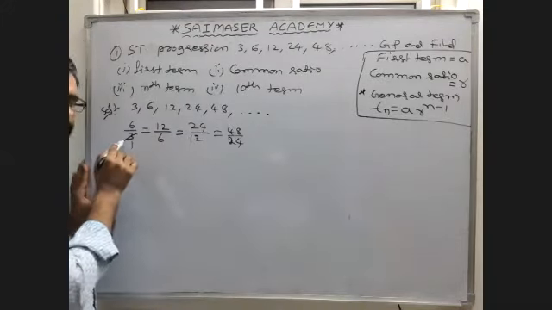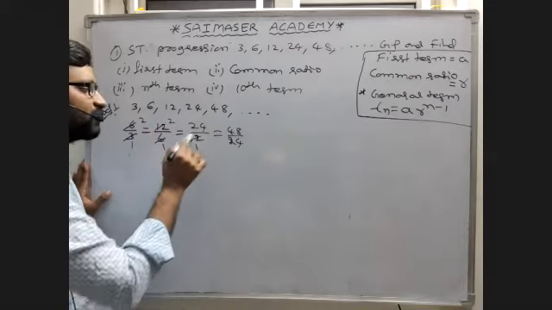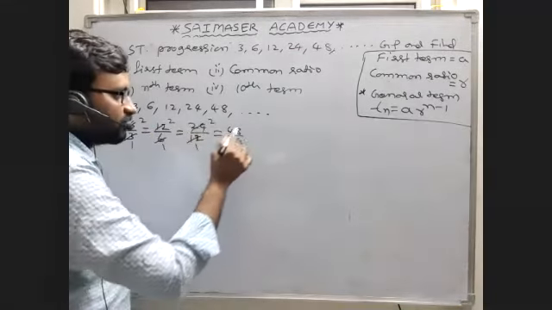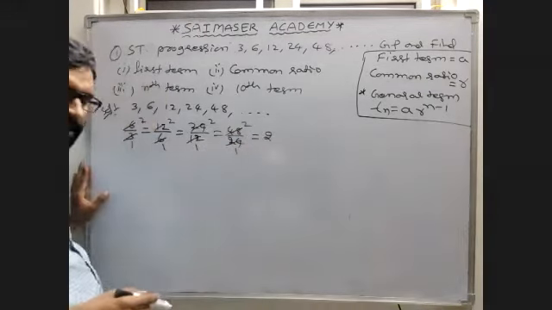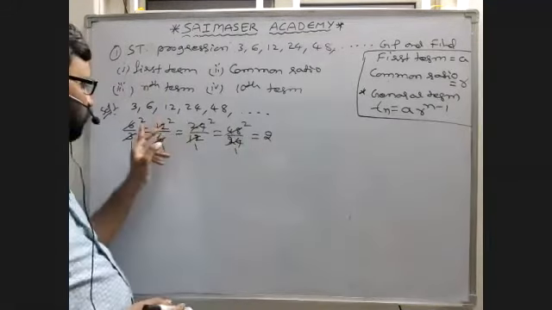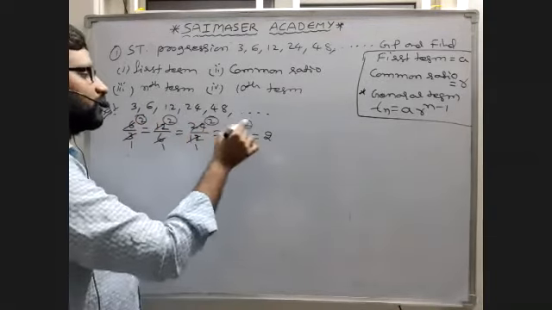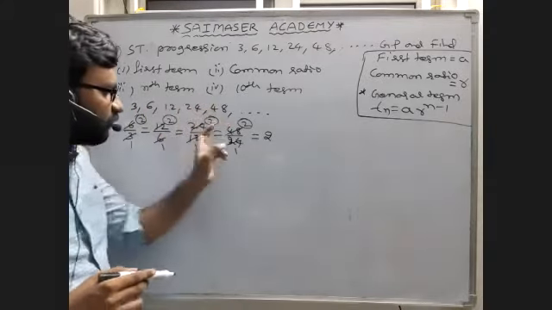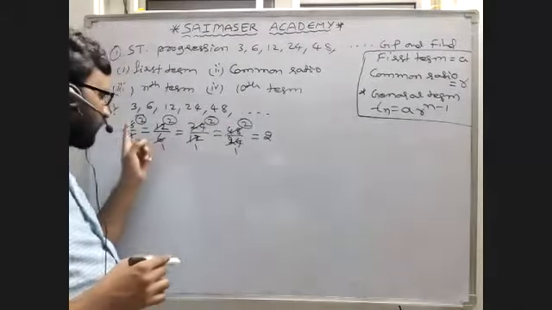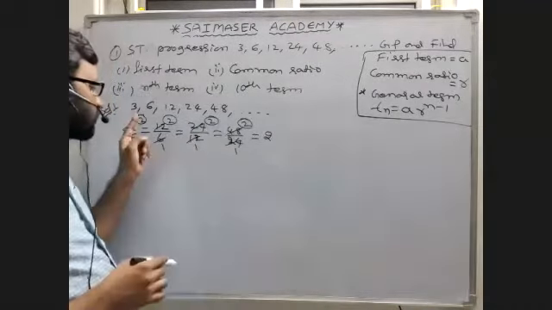3 times 2, 6 times 2, 12 times 2, 24 times 2. What is the common ratio we are getting? 2 is the common ratio. Here 2, here 2, here 2, here 2. So for every ratio we are getting the same value, 2.